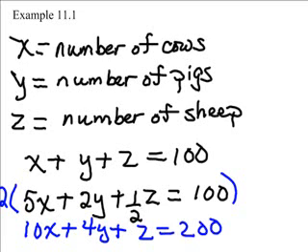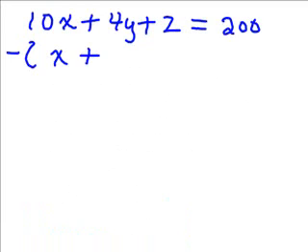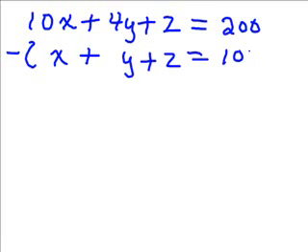And what I'm going to now do is take this new equation, 10x plus 4y plus z equal to 200, and subtract out the first equation, x plus y plus z equal to 100.